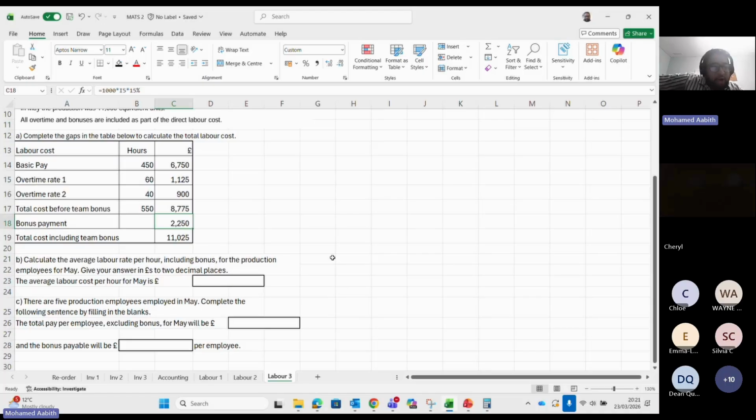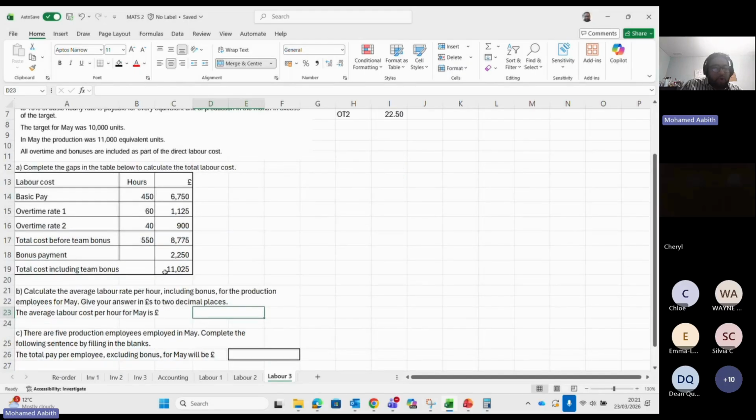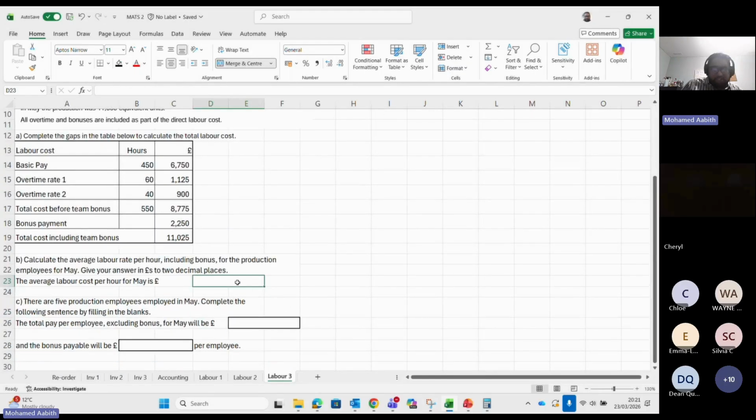Now, let's look at the further questions down the line. They're saying calculate the average labor rate per hour including bonuses for production employees for May. Give your answers to 2 decimal places. Average labor cost per hour for May is how many? The total number of hours they worked is 550 and the total cost is £11,025 including bonus.